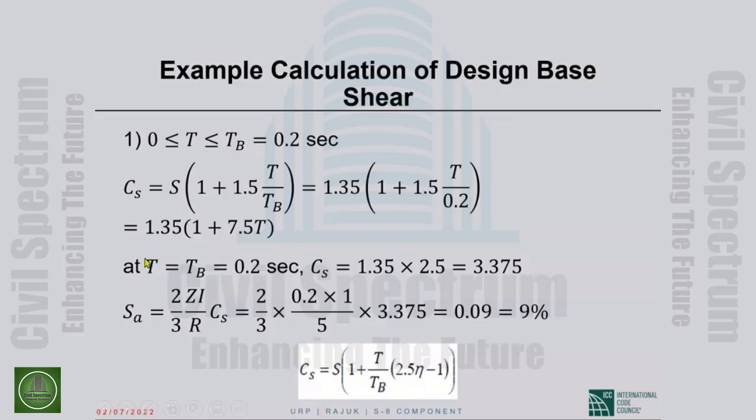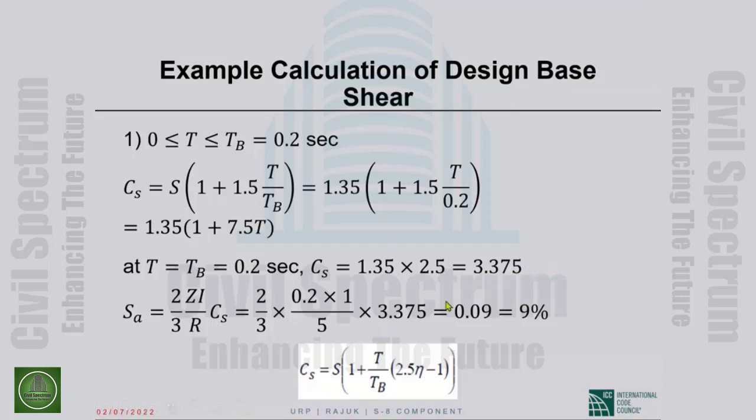At T equal to T sub B, which is 0.2 second, the head of the ramp, C sub S is 1.35 times 1 plus 7.5 times 0.2. And 1 plus 7.5 times 0.2 is 2.5. So at T sub B, C sub S comes out to 3.375.